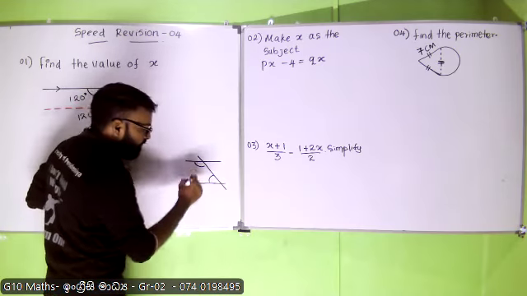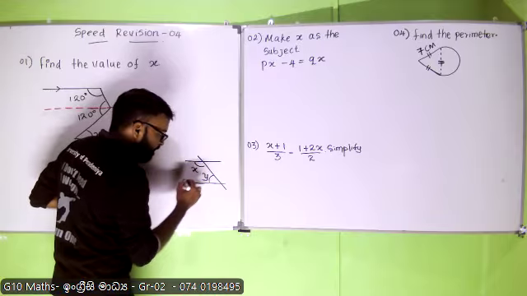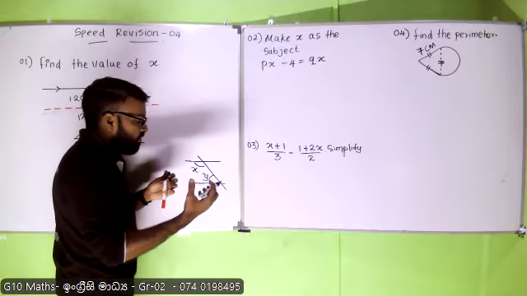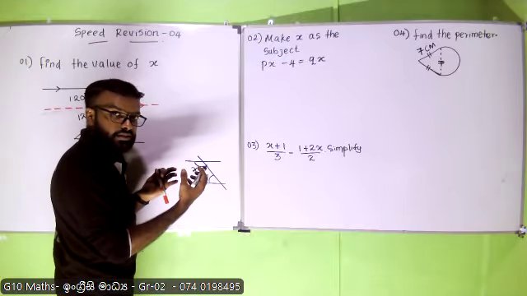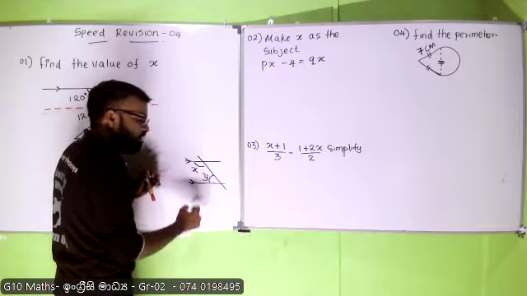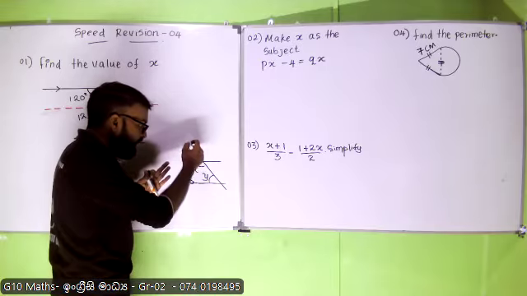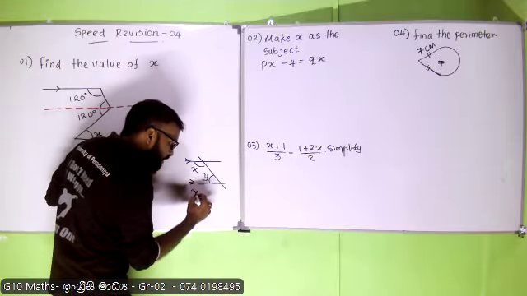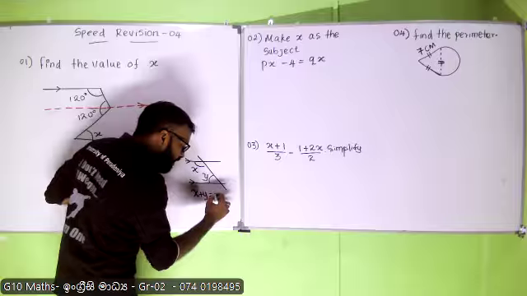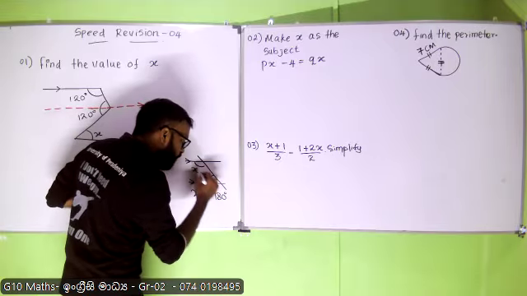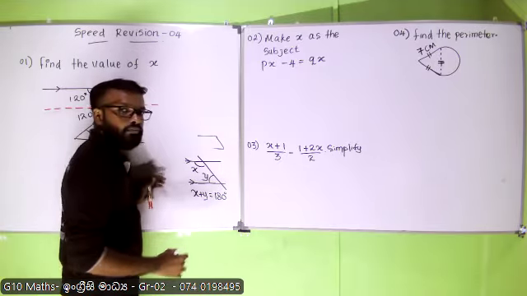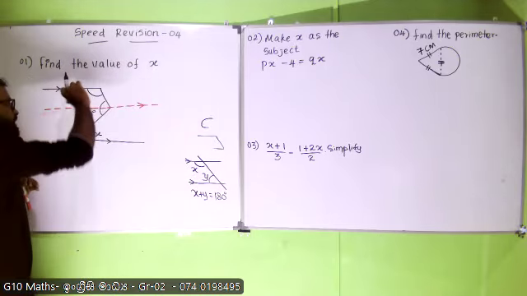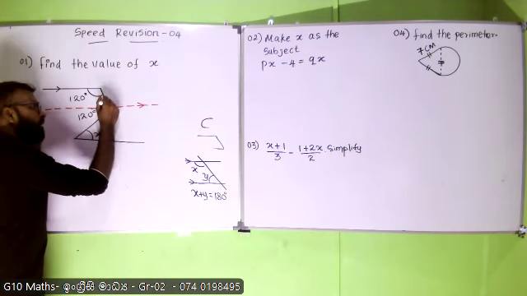If I say this is x and this is y, these 2 angles become allied angles, because both of the lines are parallel and this is your transversal. So you can write directly x plus y equals 180 because allied angles. These are C type of angles.